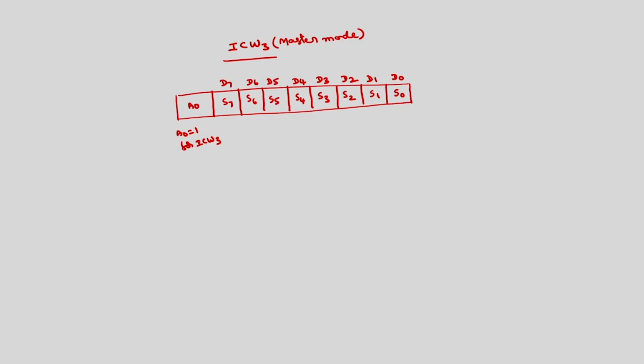A0 is in fact not a pin of this register; it is not included in the register, that is why this is the 8th location. These all 8 bits will be 1 if the input has a slave.